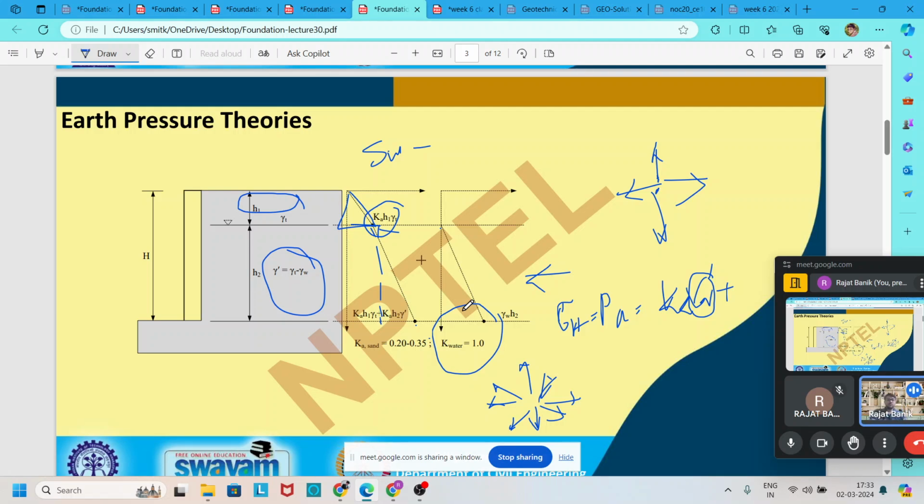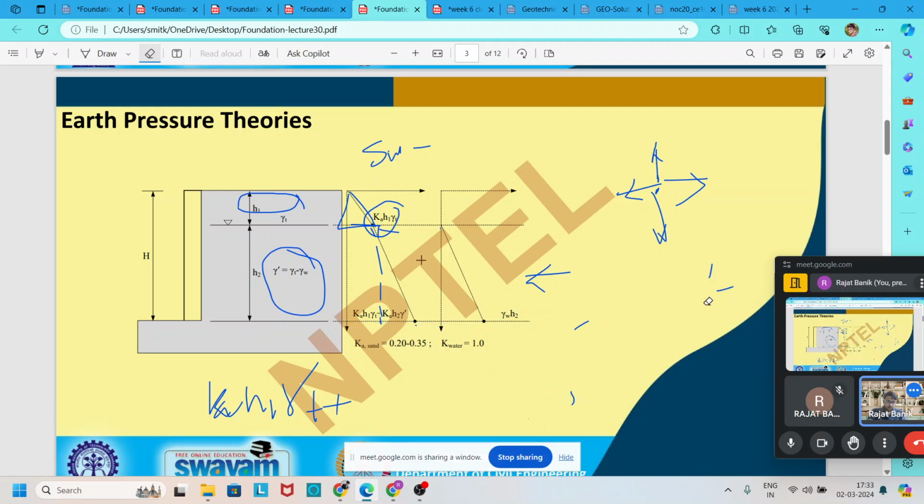So at the bottom point, our total active earth pressure is Ka into H1 into gamma T plus K into gamma dash into H2 plus gamma W into H2.